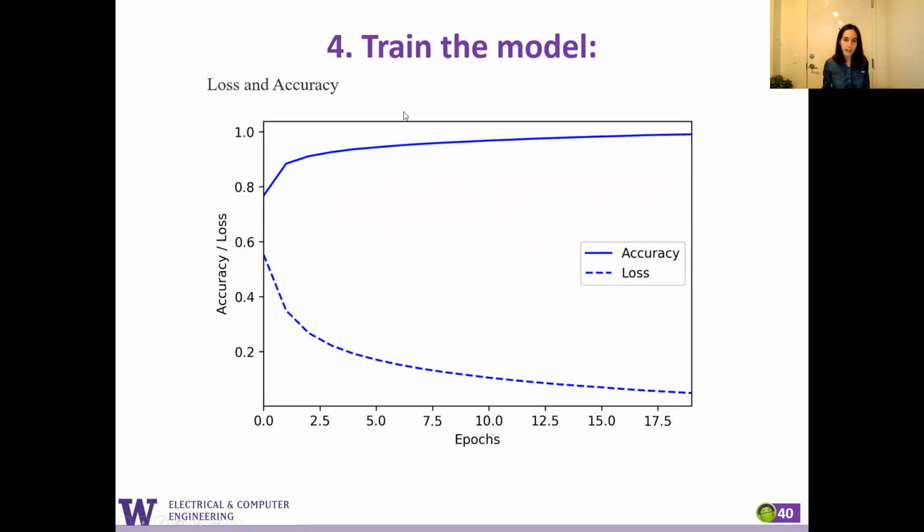So that you see it plot for an example, the epochs is the number of times that the whole data set is fed through the model.